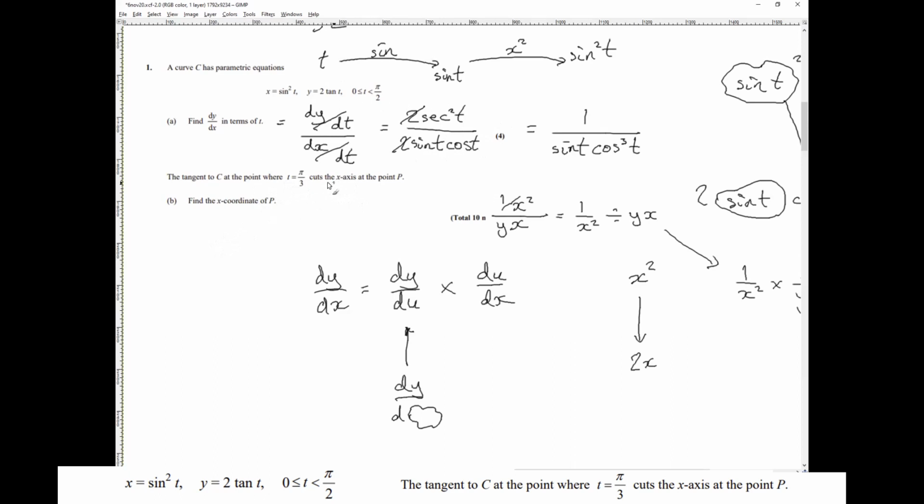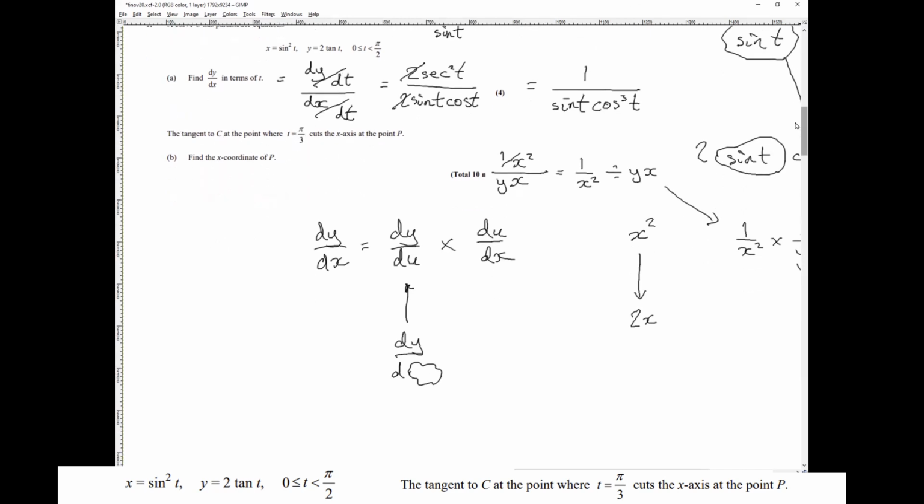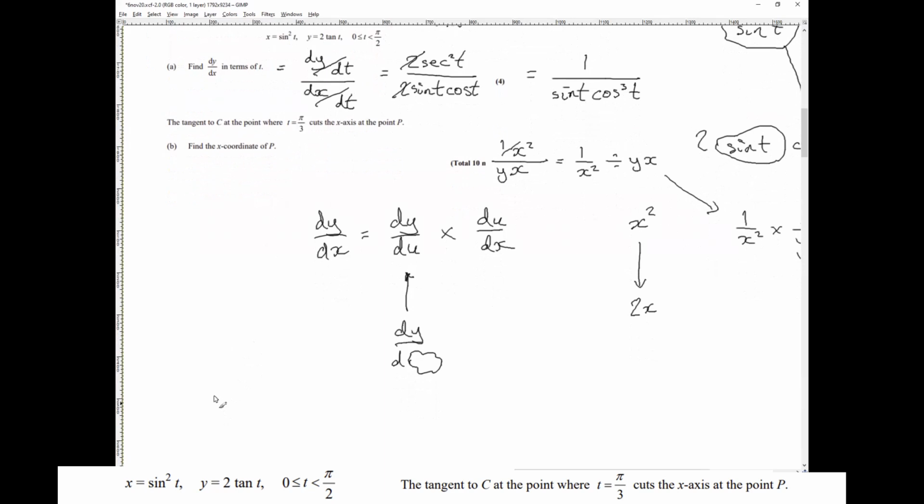Now the tangent to c at a particular value of t cuts the x-axis at the point P. Find where it cuts the x-axis, in other words. So find an equation for the tangent to c for this value of t. What form of equation is it going to be? Is it parametric?